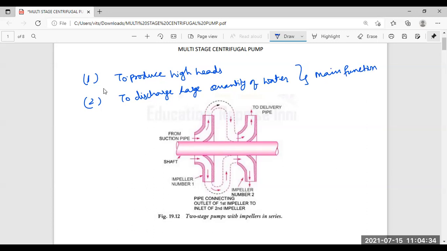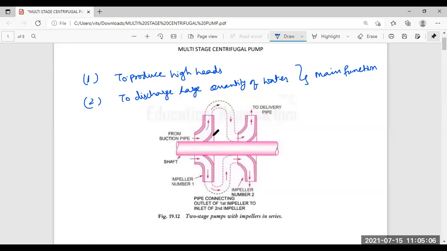Here, this is a two-stage centrifugal pump. On this same shaft, two impellers are mounted. These impellers are arranged in series. Either we can arrange them in series or parallel, on the same shaft or on different shafts. So the multi-stage centrifugal pump is to produce high heads and to discharge a large quantity of water.